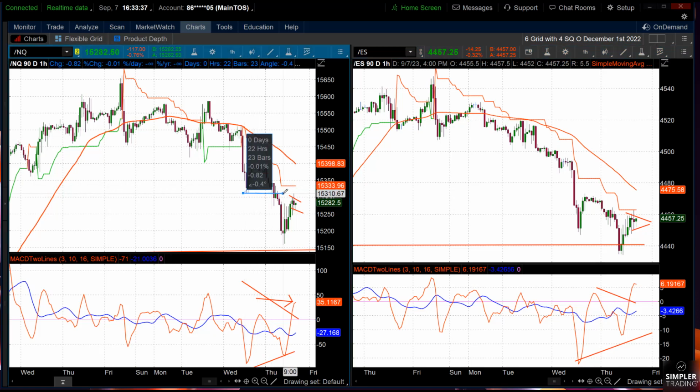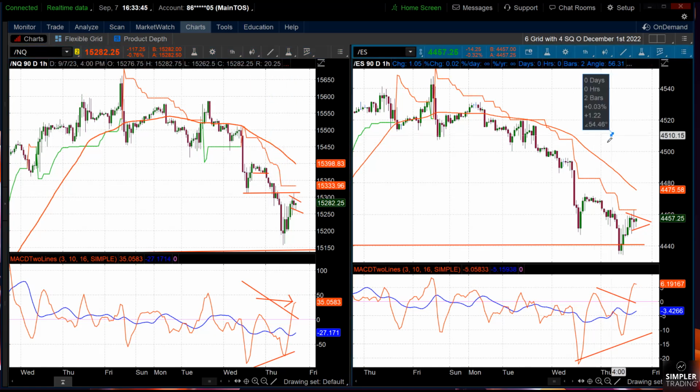So where would you go? Well, the first step would be the resistance right there on the left at 53, about 50 points higher. On the right, you're talking about right in here, 44.70, right in that area. And then above that, you don't have a lot because you had such a move down so fast, you don't have any resistance. But first, you have to navigate this overbought condition.